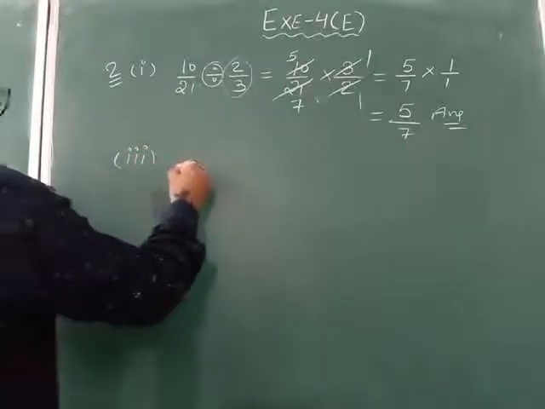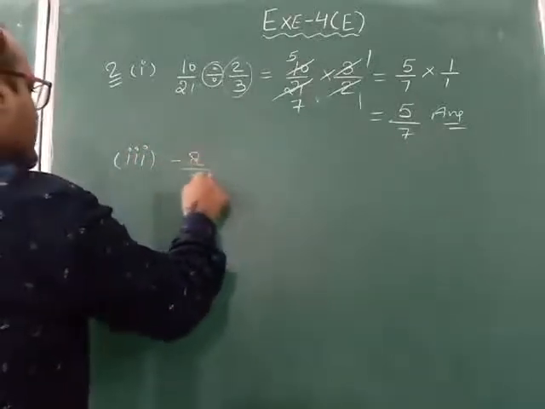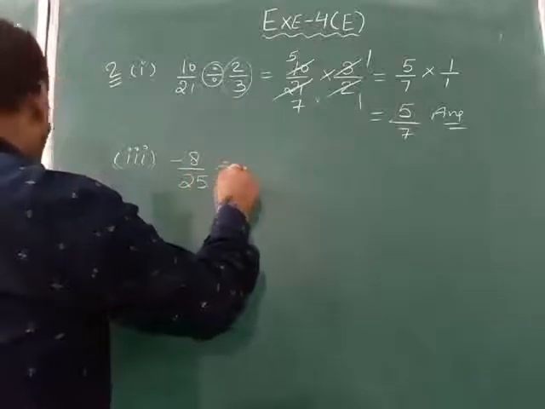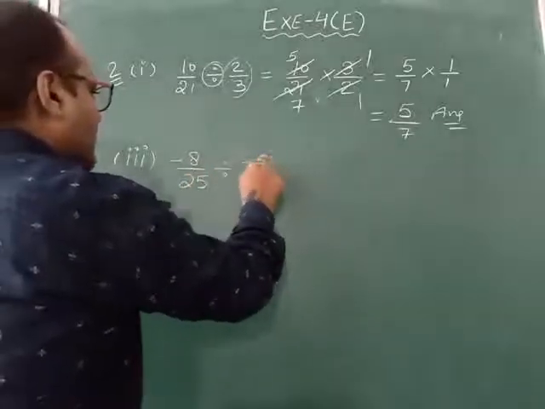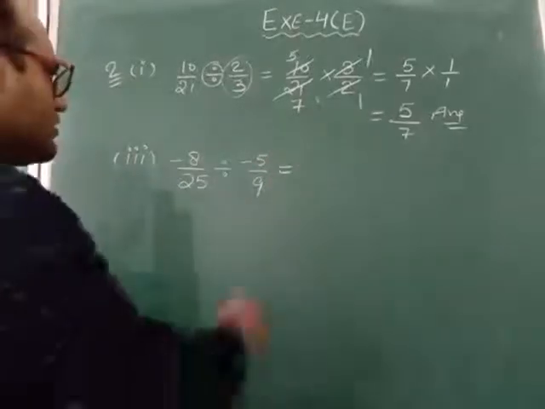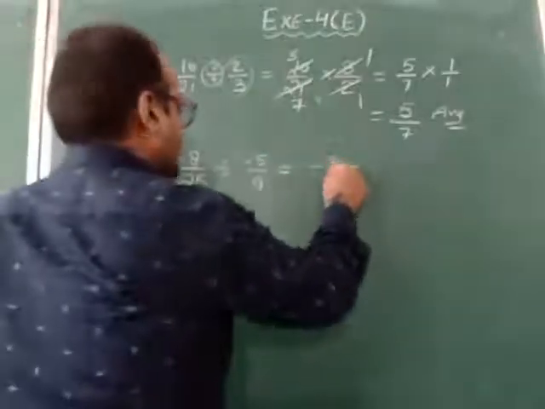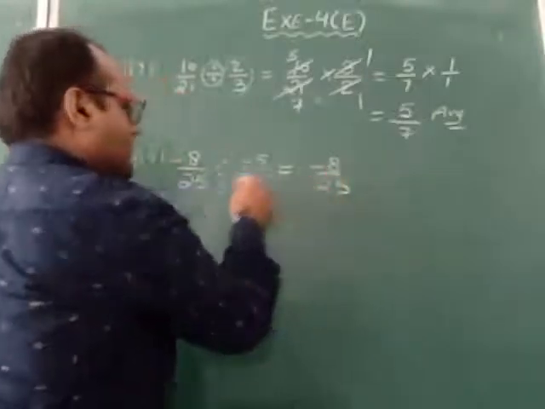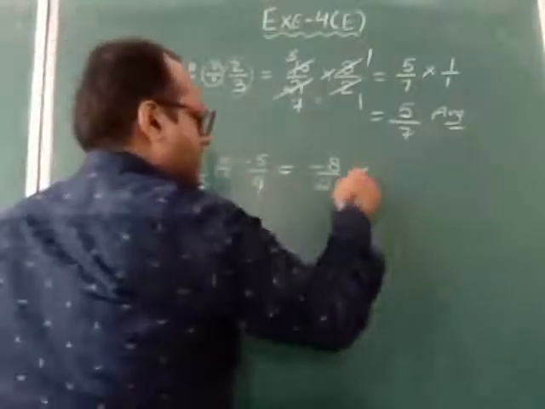Third part, minus 8 upon 25 divided by minus 5 upon 9. So first of all what we will do, first fraction we will write as it is, divide we will convert into multiply.